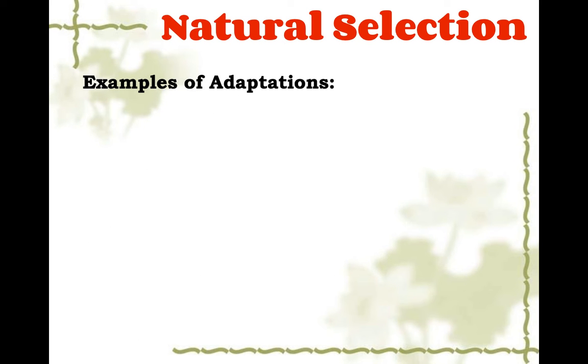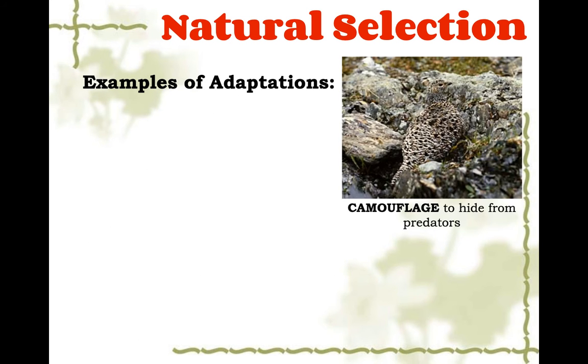So what are some of those adaptations we're talking about? An organism within a population that is able to camouflage in order to hide from predators is going to have a better chance of survival and is going to pass on the genes that allow it to camouflage to its offspring. So if there's a population where some camouflage better than others, the better camouflaged organisms will eventually become more prominent in the population.